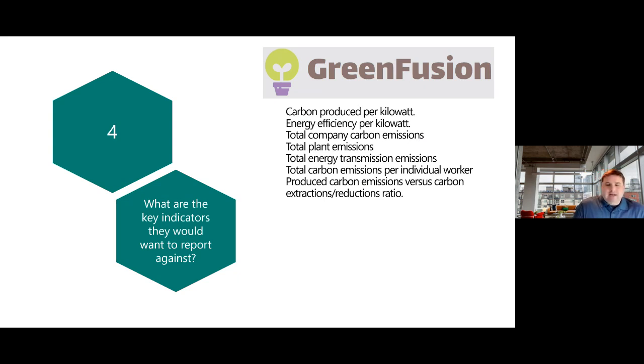So what are the key indicators that you would report against? I've kind of mentioned this. Do we want to measure the plants, the corporate offices? How can we do that? Do we have water bills that we can track at the corporate offices? Do we have electricity bills? Maybe we have satellite offices that we're leasing and we don't actually get information, we just get a top line bill. So we can't go that way.